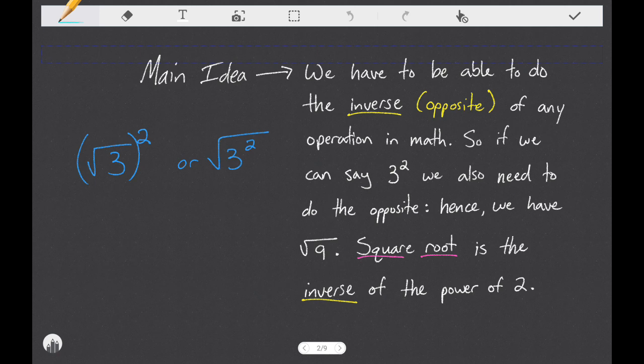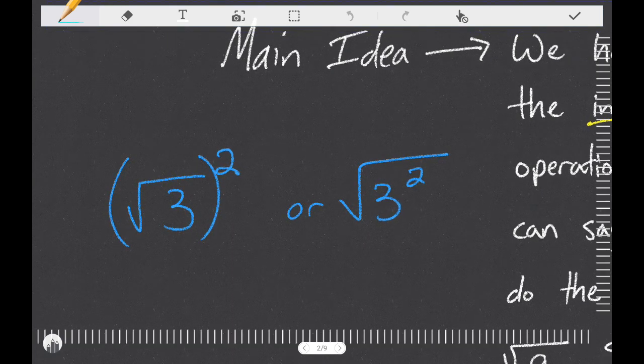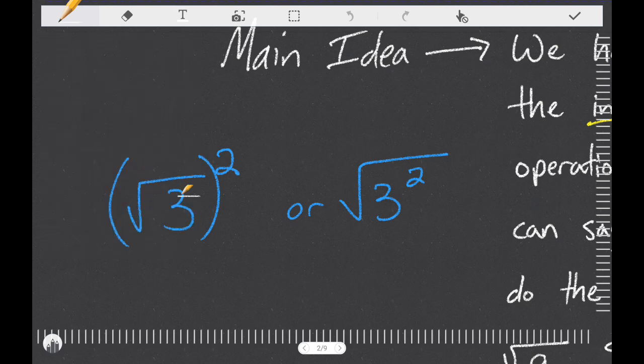If you focus your attention right over here, this is the important part. See how I have the square root of 3 right here, and that entire thing is to the power of 2? That means the square root and the power of 2 cancel, so my answer is just 3.